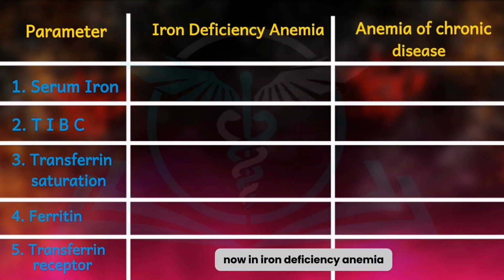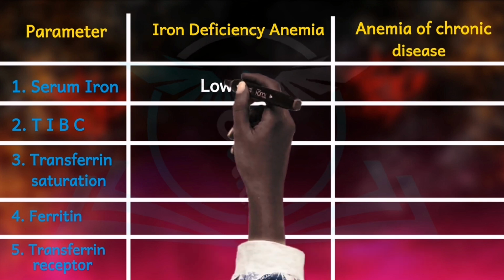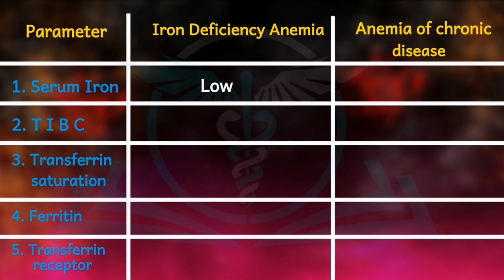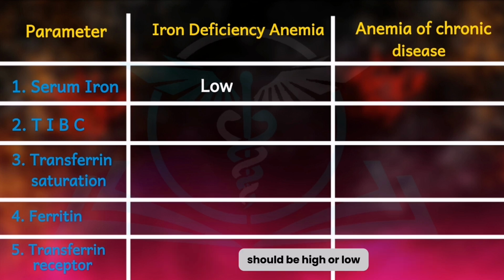Now, in iron deficiency anemia, what happens to the serum iron? The iron is deficient in the body, right? And so we expect that serum iron would go low. Now, because entirely iron is deficient in the body, do you think that the total iron binding capacity should be high or low?